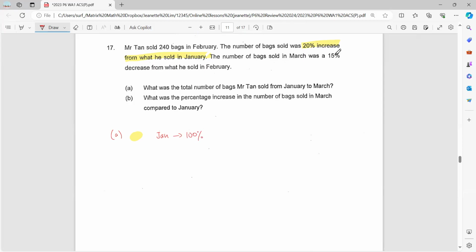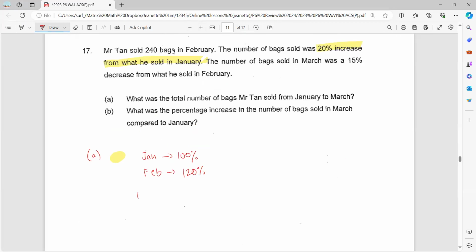Then we have a 20% increase, which is referring to February's number. So February will be 120%. So February's number is given, right? 240. So I can say that this 120% is 240.